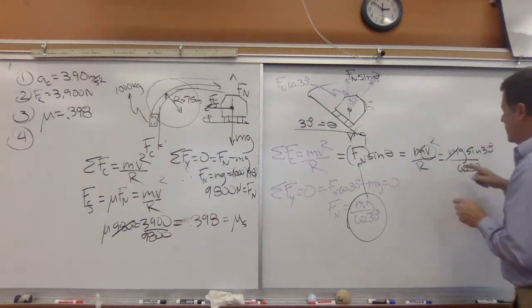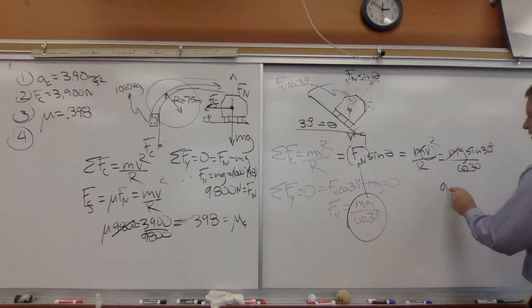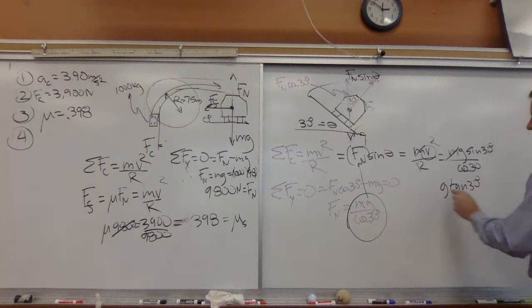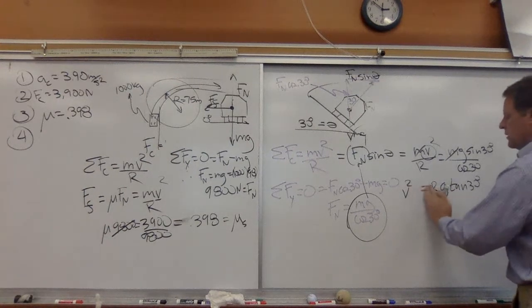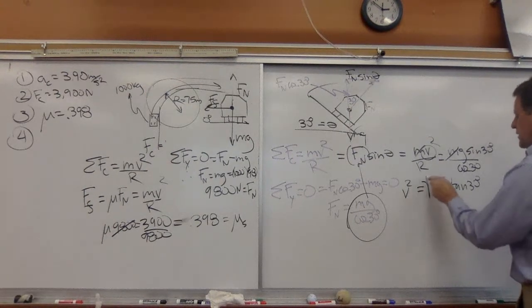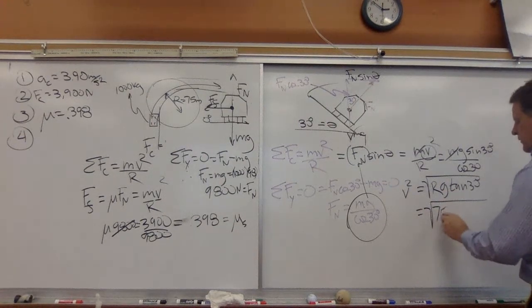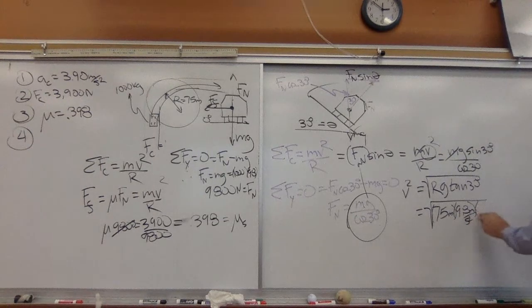So we're going to simplify this. Sine over cosine is tangent. So we're going to have g tangent 30 degrees times r is equal to v squared. And then we're going to take the square root of 75 meters times 9.8 meters per second squared times the tangent of 30 degrees.